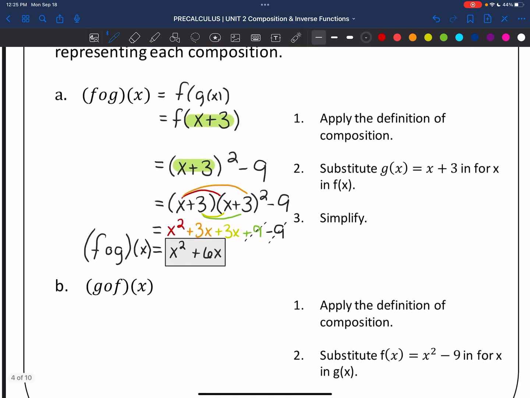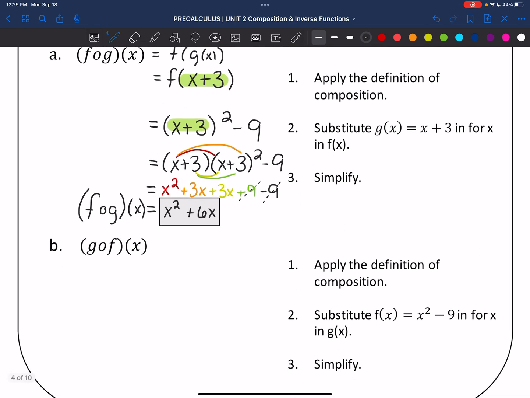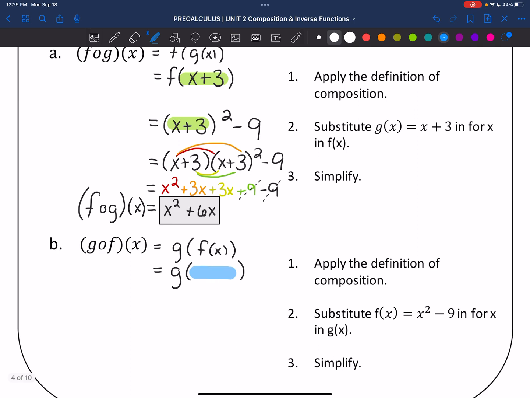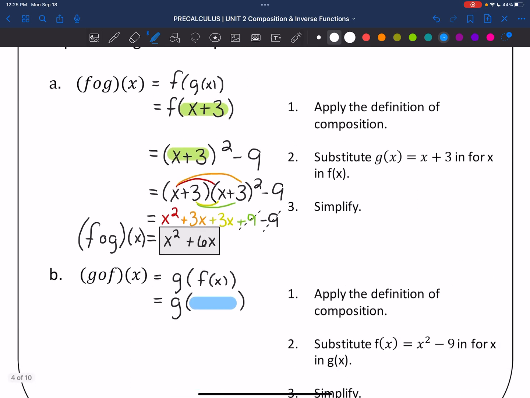Now let's look at g of f of x and apply the definition of composition for these. This is the same thing as saying g of f of x. So it is now the f function rule that's going to be applied inside of g. So inside of g, we're going to plug in that blue rule.